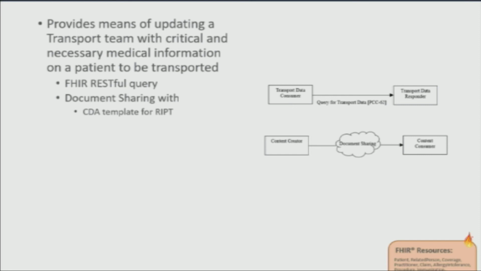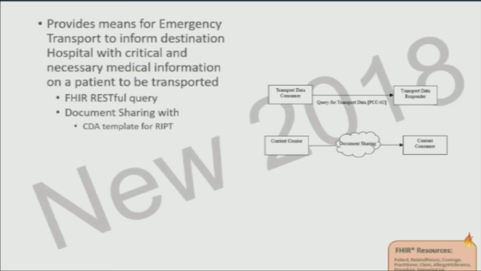One is a CDA encoding, and the other one is a FHIR document. The FHIR document is being developed right now. This is emergency transport, so this is from the scene. Again, somewhat similar intent, but there's a difference in the patient and the data that would be expected. Again, there is a CDA form and there is a FHIR document form.